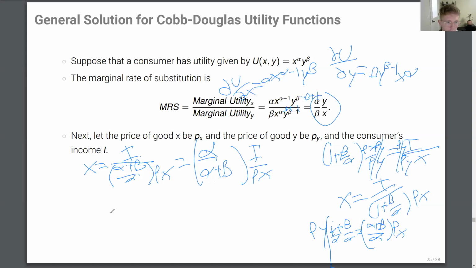Okay, so how do we get back to y? One way, and this is going to be the simplest way to do it, is to notice that if we multiply by px on both sides, this expression gives us px times x is equal to alpha over alpha plus beta times I. The left-hand term, the price of x times x, is going to be expenditures on x.